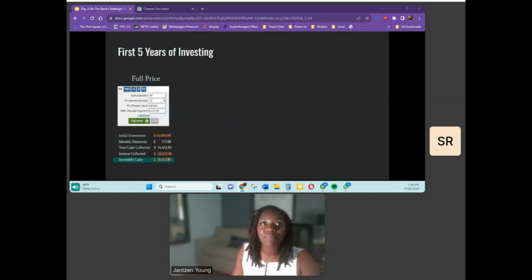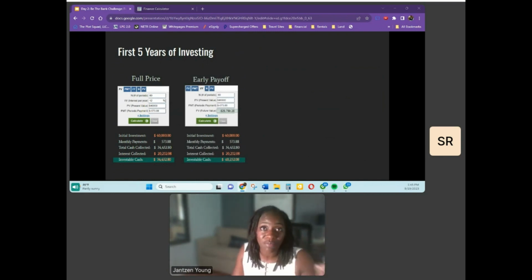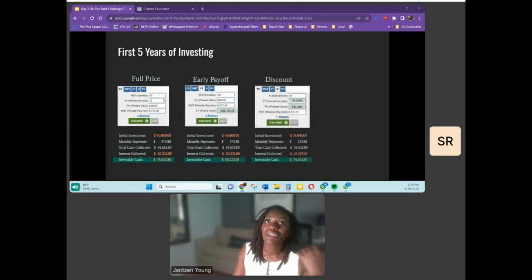So if we pair these up side by side, you see we've got lots of different options. If you only had 5 years to invest and $40,000 to invest with, you could make money doing all kinds of strategies. You could buy the note at full price. You could buy the note at full price, but then encourage the borrower to pay you off early. You could buy the note at a discount and make your earnings there.